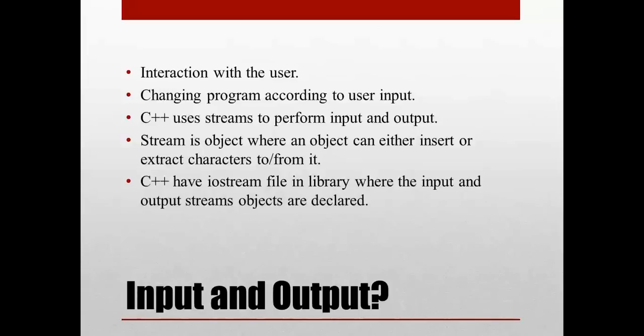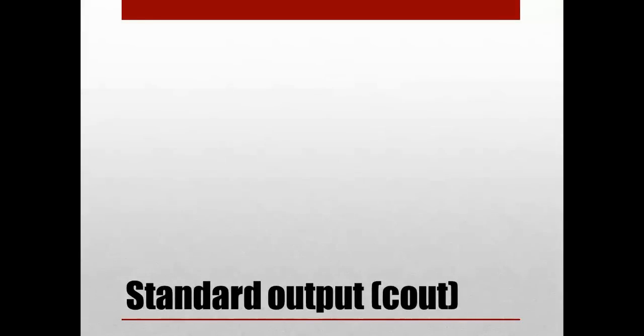We refer to that with #include <iostream> at the beginning of any program, as I told earlier, probably in my first video. So iostream is a library where these stream objects are defined, and we just use those already defined objects to generate input and output. Okay, so let's go to standard output.